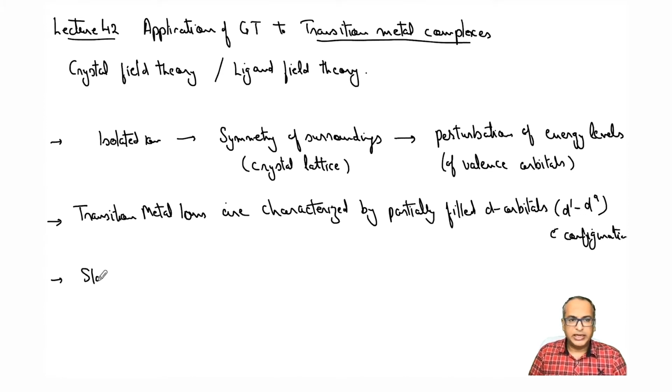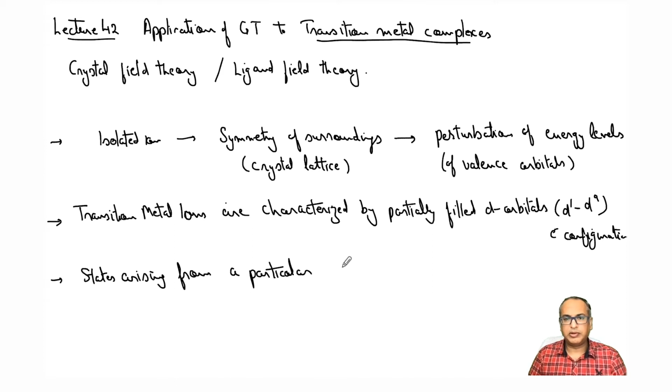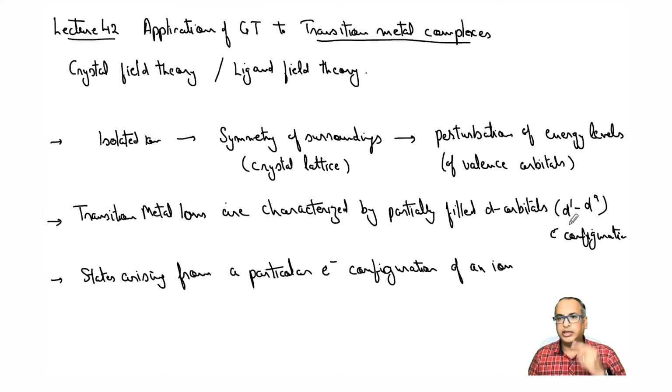So we can say states arising from a particular electronic configuration of an ion. It can be d1 to d9 anywhere, right?